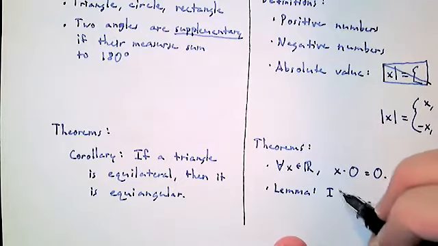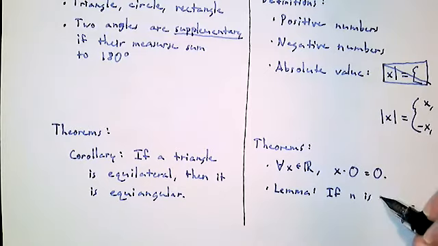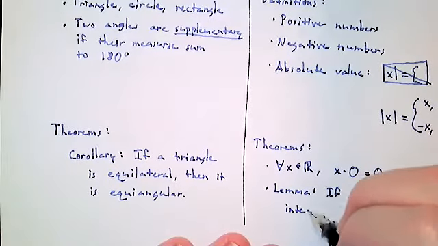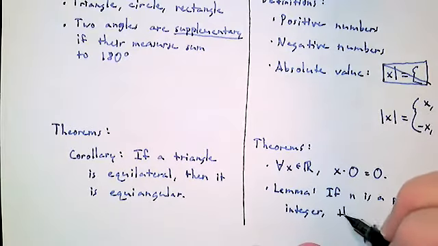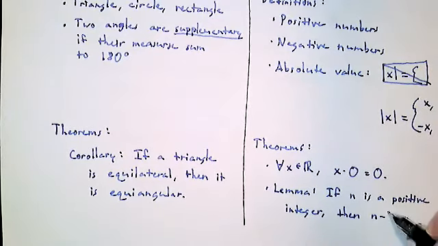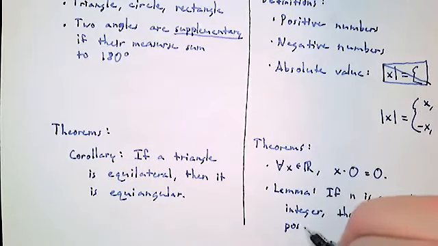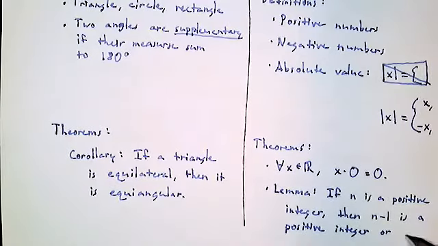This one says if n is a positive integer, then n minus 1 is a positive integer, or n minus 1 is 0.